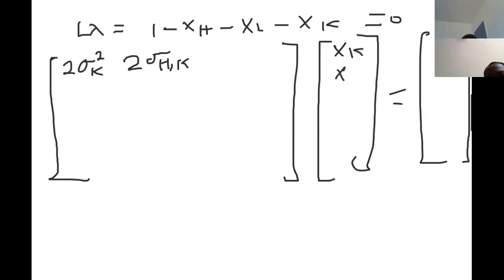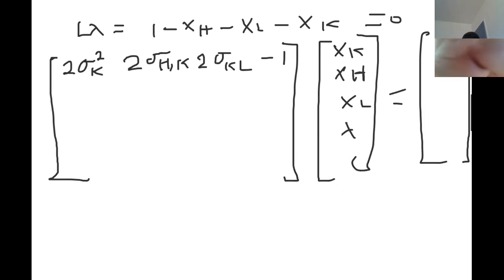Then the next one is 2 variance of K and L. Then I'll bring the XL here. Minus lambda. So I'll bring -1 here, and I'll bring lambda here. And it's equal to 0. So I'll bring the 0 here.